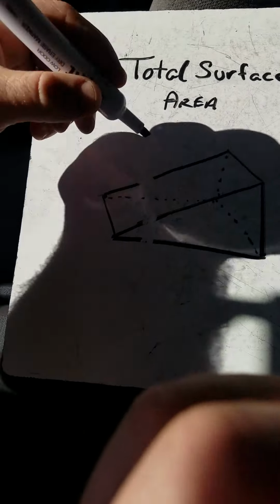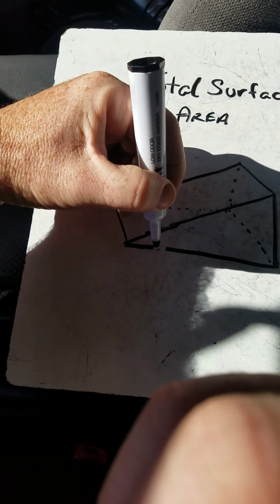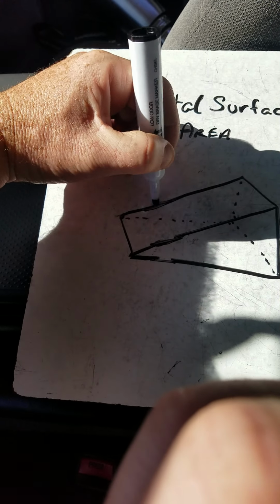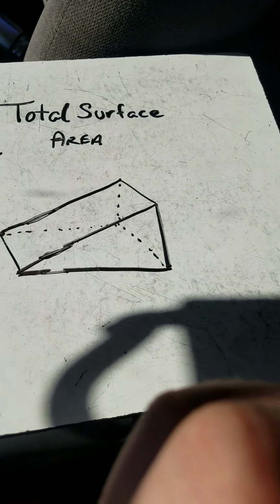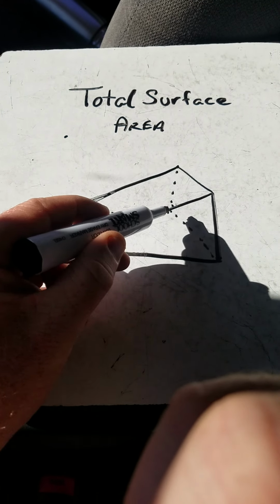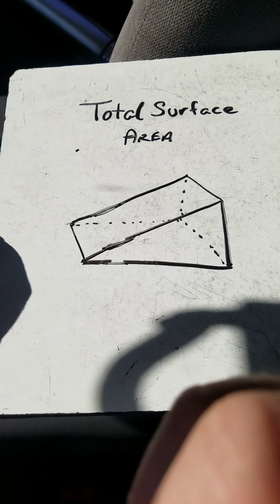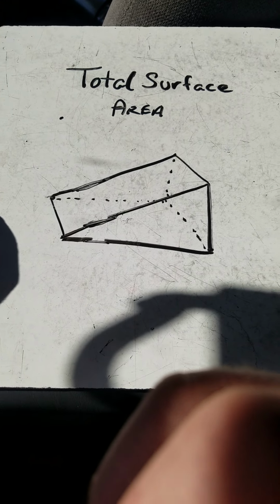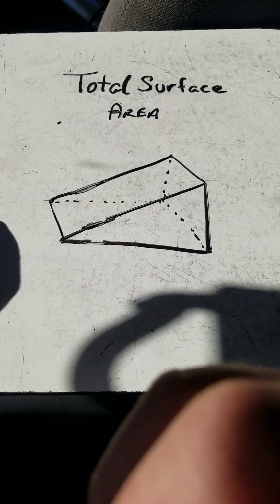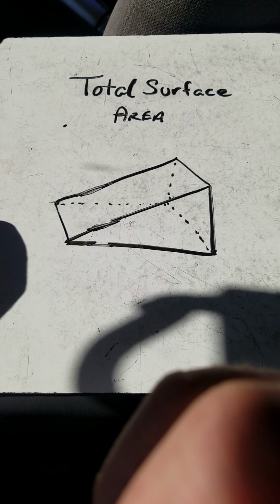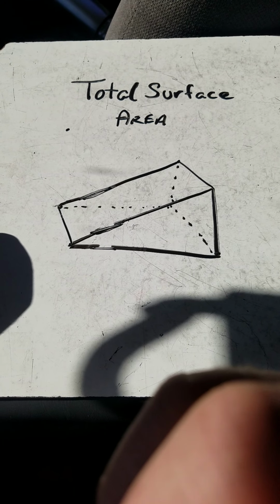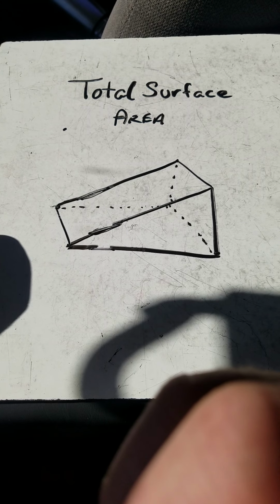You might think about a wedge of cheese, or I like to think of a bike ramp. Okay, and see the dotted lines? That's indicating that those are sides. If we had x-ray vision, you could see those sides, but if I were to erase them, it might just look like a wedge of cheese or a bike ramp.